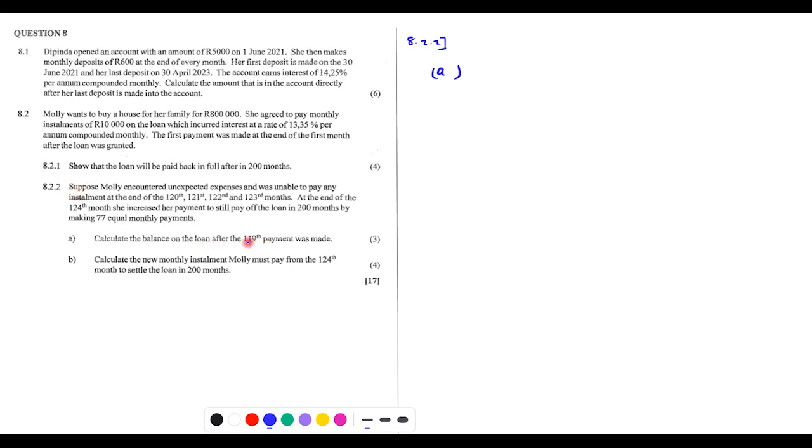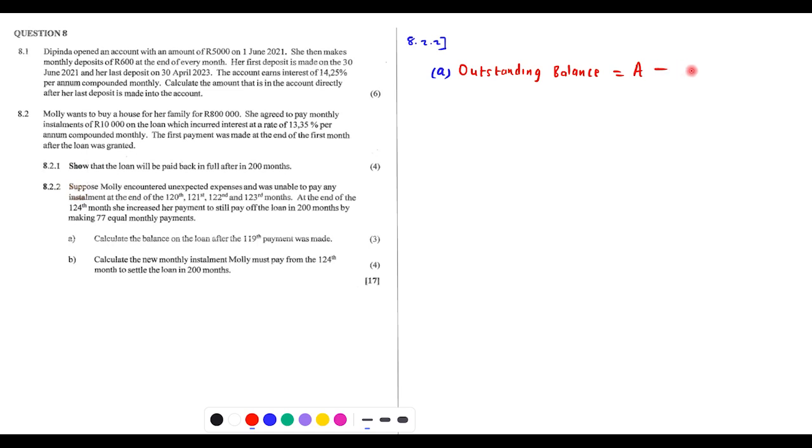All right, so here they want us to calculate the outstanding balance. Now this is an outstanding balance, so we use the formula that says compound interest, A, minus the future value.